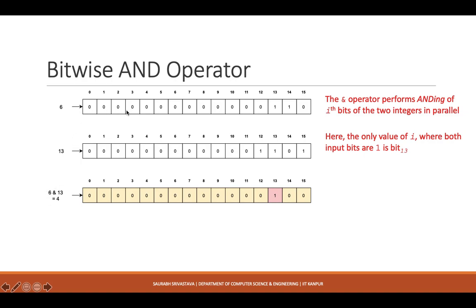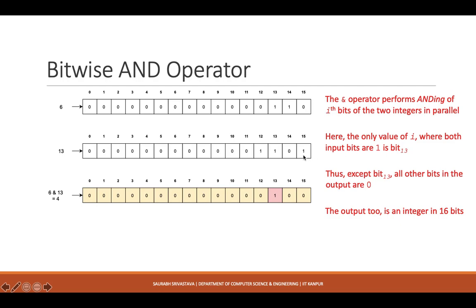This is the binary representation of 6. And by the way, all other bits become 0 because at least one of the two inputs is 0. That is why the output becomes 0. And you can interpret all these three, this as well as this, as some integer being represented in 16 bits. So we all know this is 6 and 13, 110 and 1101.